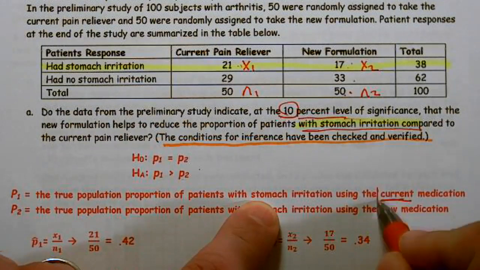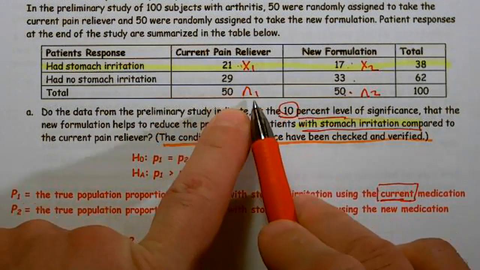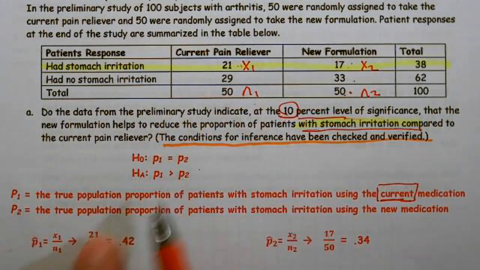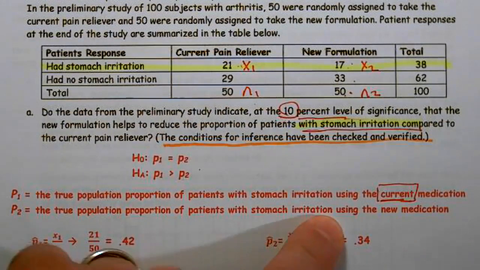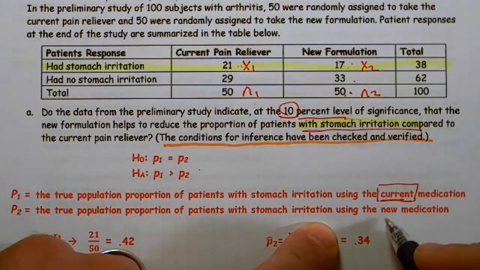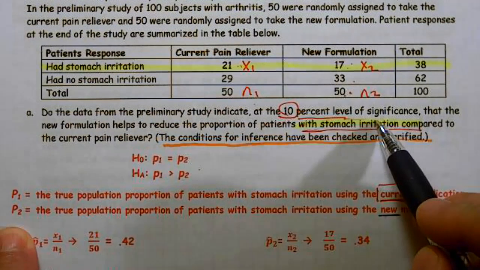P1 is the current, and that's consistent with my X1 and N1. P2 is the true population proportion of patients with stomach irritation using the new. And once again, this was p2, and that's consistent with my X2 and N2.